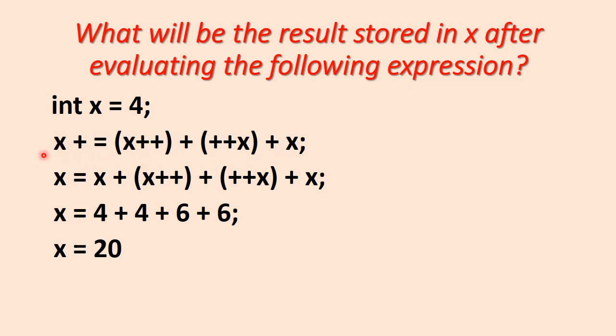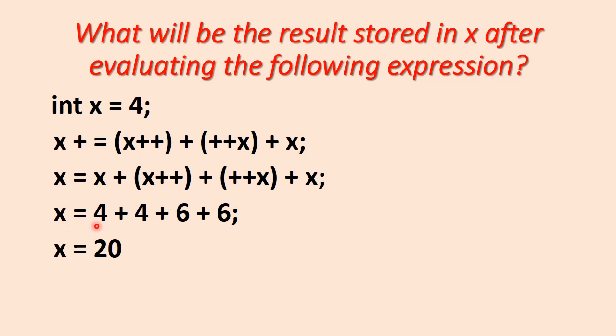So now I think you understood how we can use it. x plus equal to means x equal to x plus, and to this complete expression we will add the original value of x.